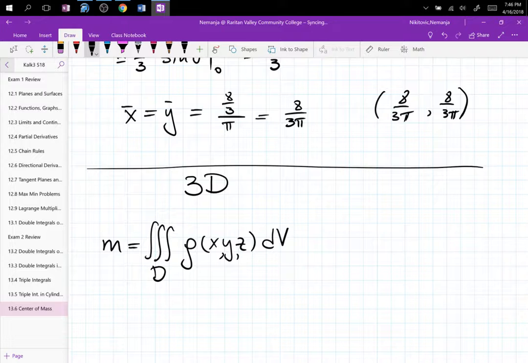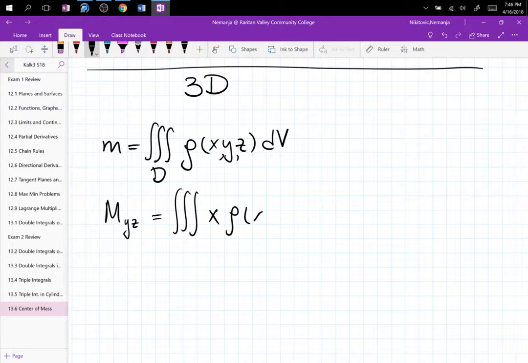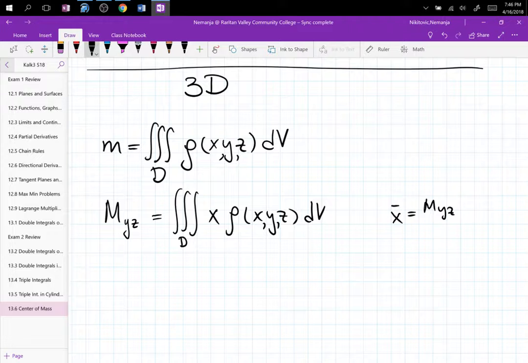So we are going to have the moment of yz as the triple integral of x rho x y z dV over region D, which will give you your x bar as Myz over m.